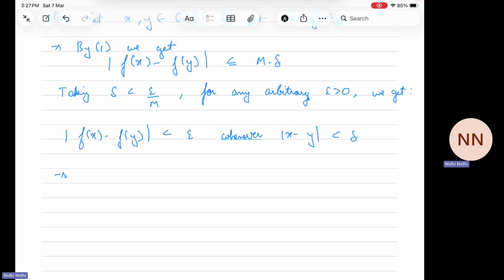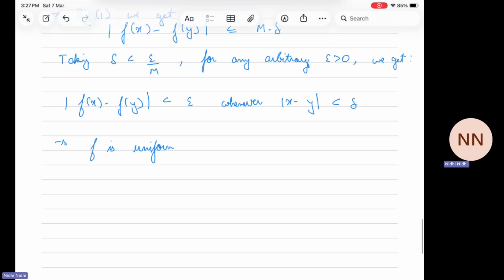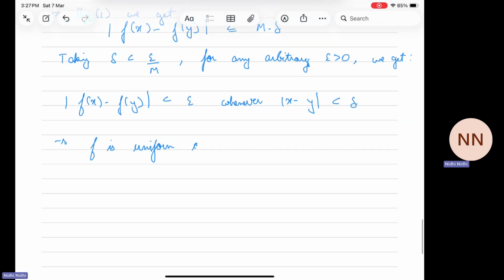Therefore, this implies that f is uniformly continuous, because x and y are arbitrarily taken from the domain such that the distance between them is less than delta, and that delta is eventually depending on epsilon. This implies that f is uniformly continuous on the open interval (a,b).